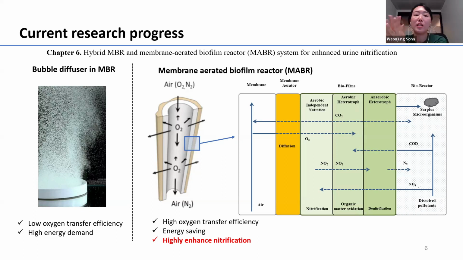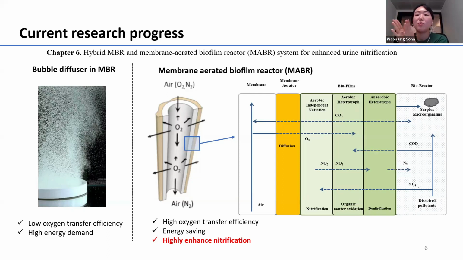I'm actually in the initial stage of figuring out the experimental plans of this MABR. As far as I know from my literature review, this MABR system depends on the formation of the biofilm. If the diffusion is too high, then biofilm cannot form on the membrane.